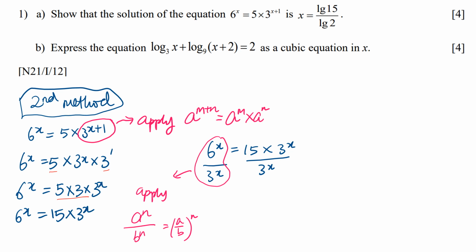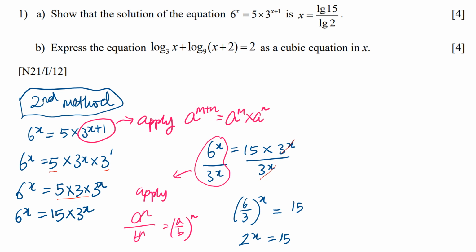That will give us bracket 6 over 3 close bracket to the power of x, and here the 3 to the power of x can be cancelled off, leaving only 15, and 6 divided by 3 is just 2, so we will end up getting 2 to the power of x equals 15.